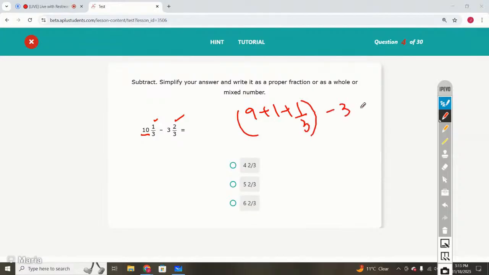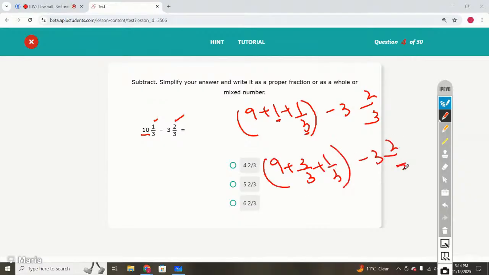And 3 whole 2 by 3. We can write this 1 as 3 over 3. Always use the denominator, right? The denominator is 3. That's why I'm writing this one as 3 by 3. And now add the 3 plus 1, that is 9 whole 4 by 3. This way, the numerator of the first fraction is always greater than the numerator of the second one.